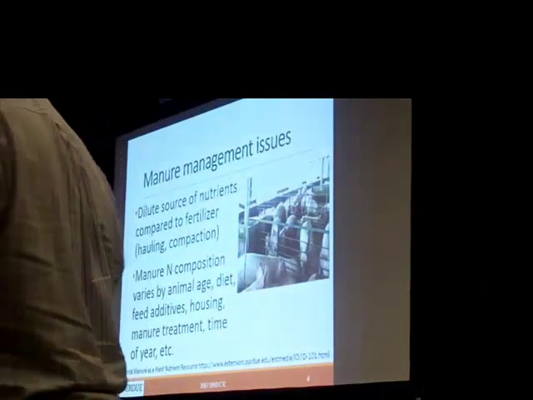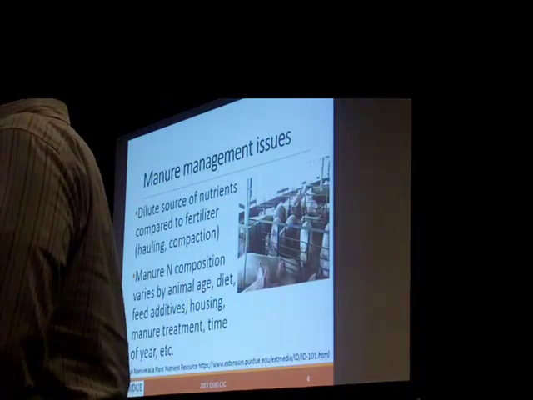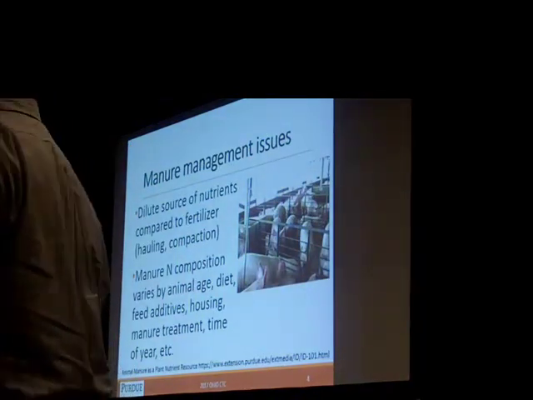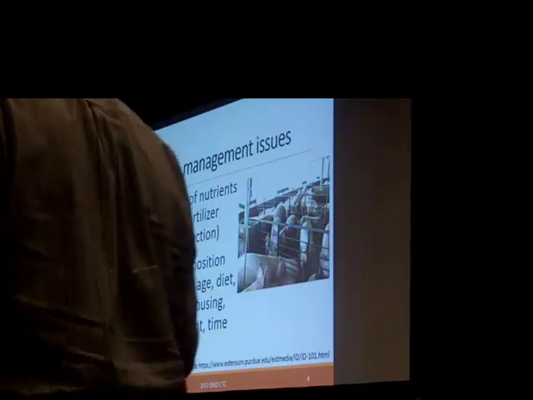Even our highest nutrient concentration, the poultry litter, is a fairly dilute source of nutrients. You're talking about on an as-is basis, typically less than 5% N, P, and K, and in the liquid manures, substantially lower than that.